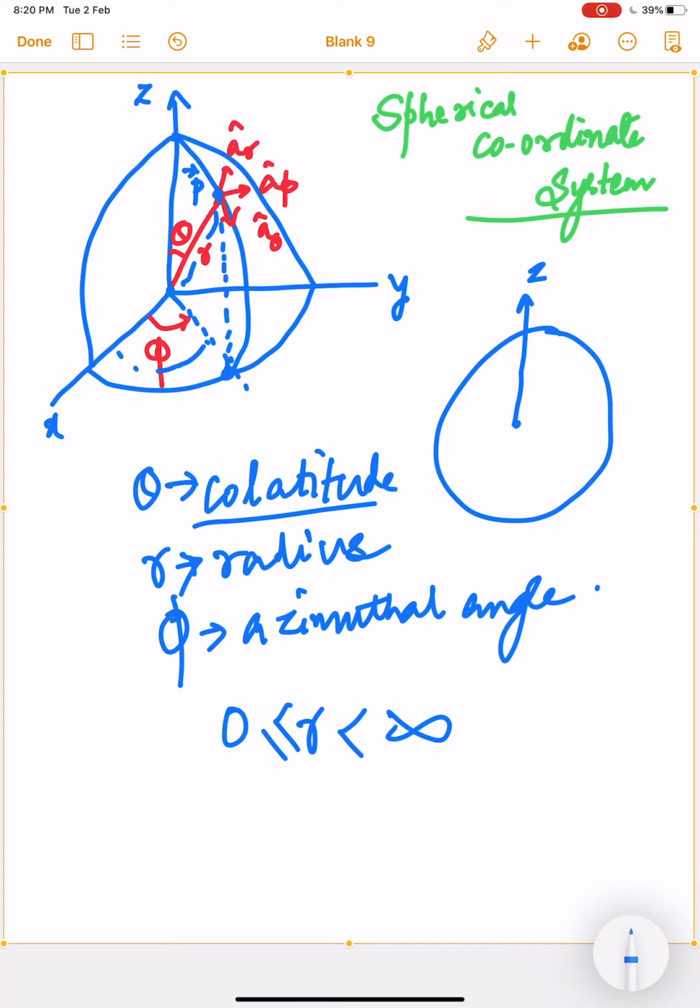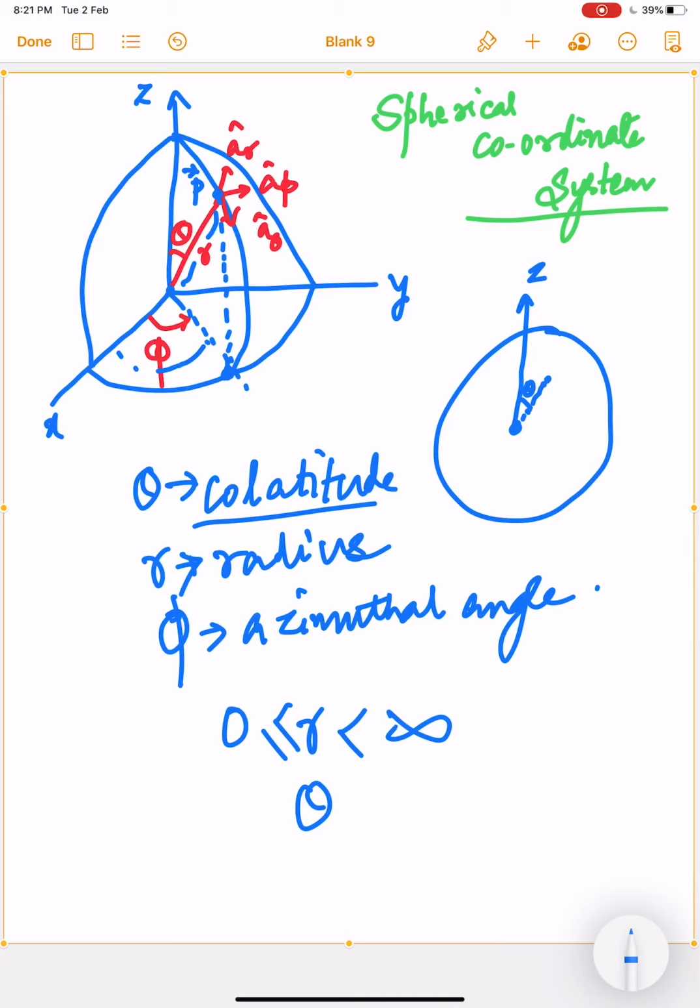Next, theta. What is the range for theta? For this you need to understand how the sphere is created using r, theta and phi. Suppose you're sitting at the center of the earth, as we discussed earlier, and there's an object here at an angle theta.